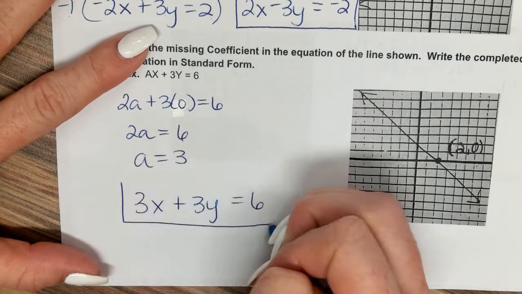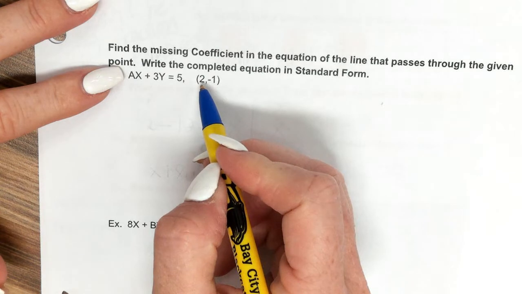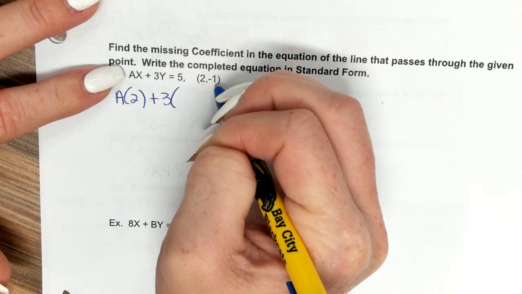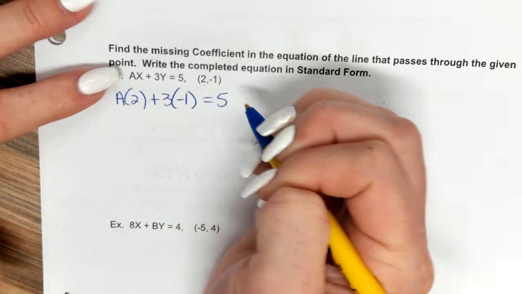All right. The next one says, find the missing coefficient in the equation of the line that passes through the given point. So is this the same exact type of question, except this time they didn't give you a graph, which does not matter. All right, so here we go. What am I plugging 2 in for? X. So I have A times 2 plus 3 times, what am I plugging in for y? -1 equals 5.